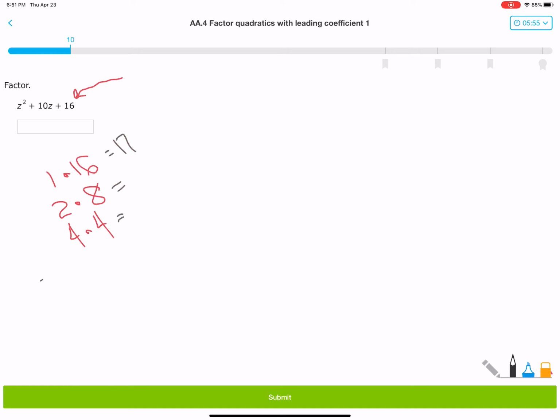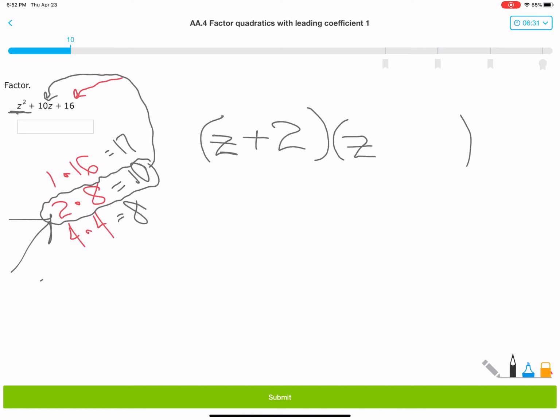The z squared is just a variable by itself. I've got no number to worry about, so I know it's just z and z. That's how I get the z squared. I figured out that these are the two factors I need because they add up to 10. Everything's positive, so I know it's plus 2, plus 8.